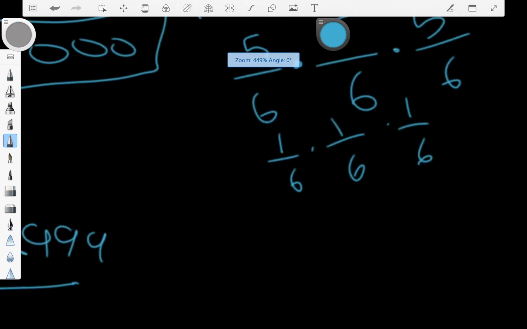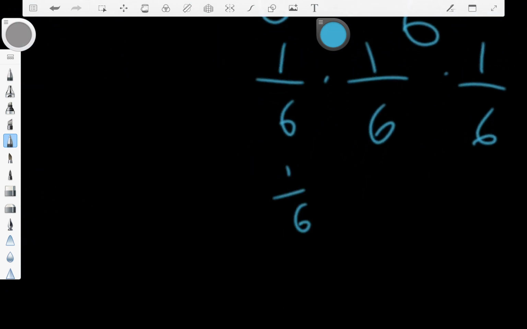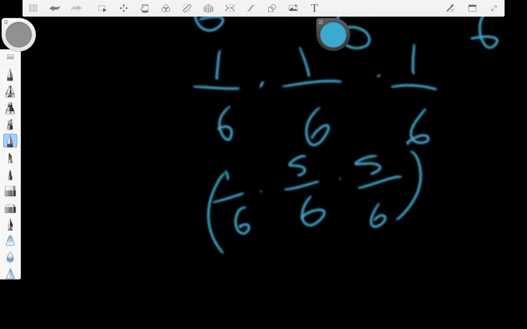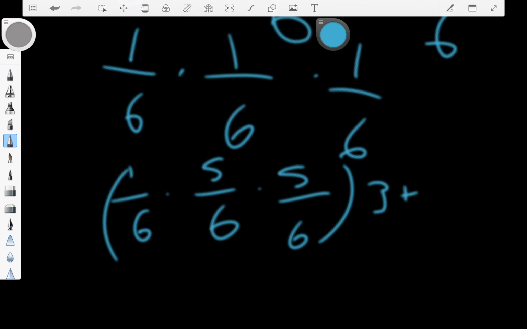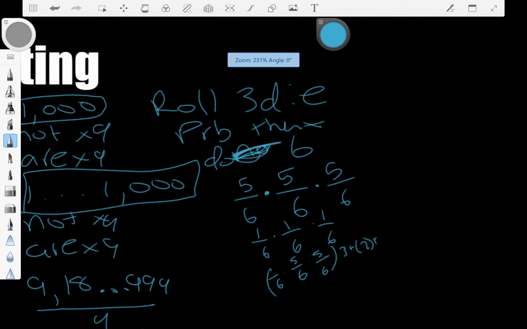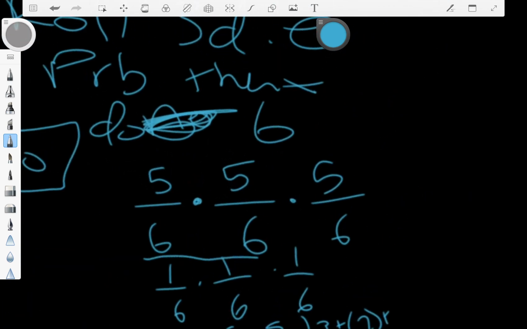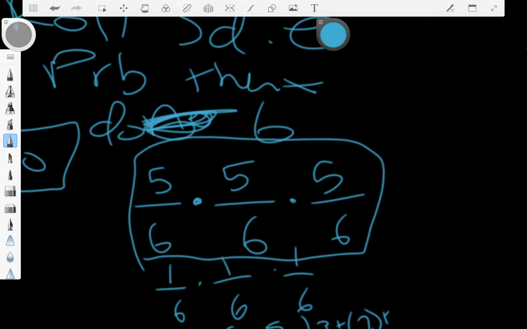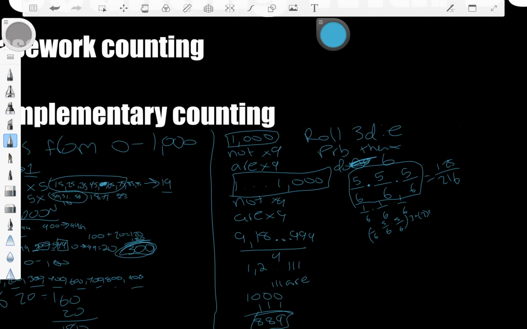I mean, you could do 1 over 6 times 5 over 6 times 5 over 6, times 3, and then plus that times 2, and plus that times 1, or something. I don't know. But you could find a way, but it would be much more brutal than this beautiful thing I've got going on here. This is equal to 125 over 216, right?